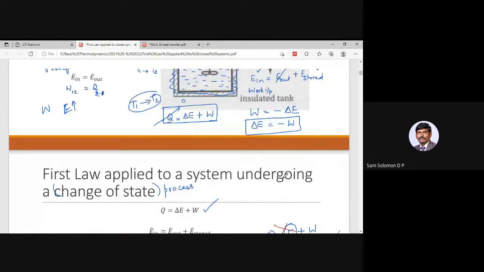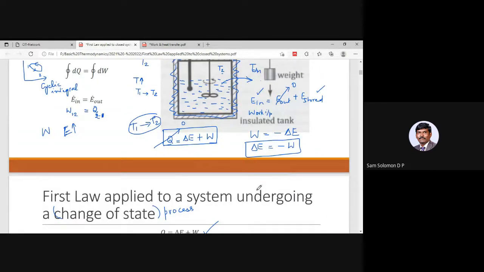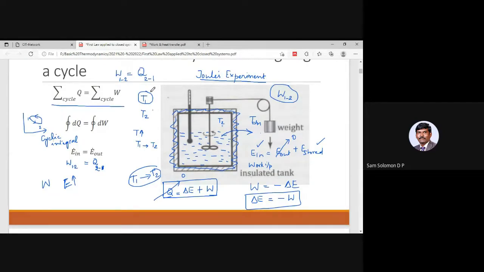And when this particular fluid was at the initial temperature T1, it already had some energy E1. When I did some stirring work over it, the energy level increased and it became E2. And because of that, the change in energy was E2 minus E1.